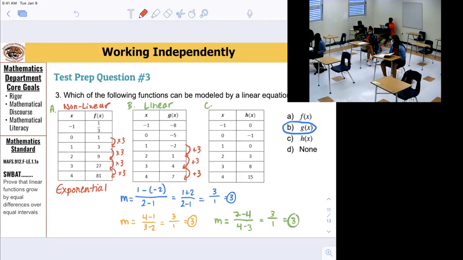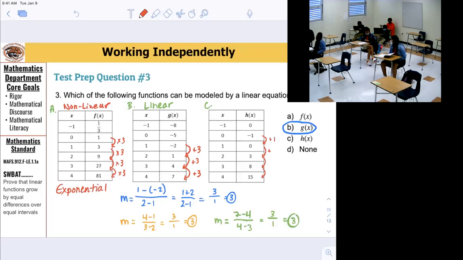And then did anyone notice the pattern here? Let's see what we have. In the first pattern, what happens? +1, because from -1 to 0, it's +1. Then I have plus what? 3.